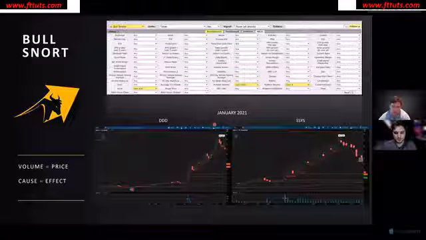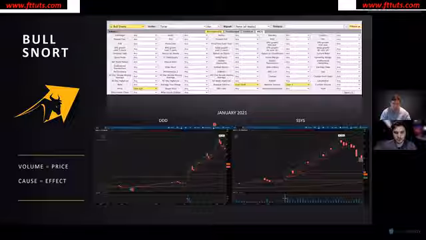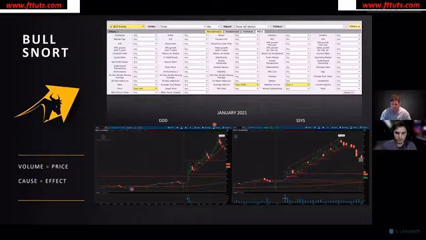Now, the thing is, during earnings season, there are situations where I'm entering a bull snort on a gap up because I'm literally watching the stock. It's almost like I'm looking at the post-market volume when that company reports. I already know the weekly has a big base or something like that.